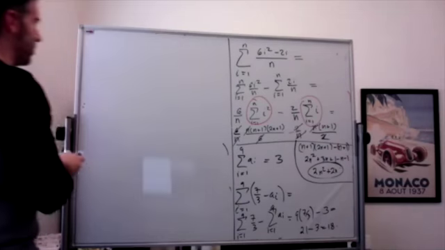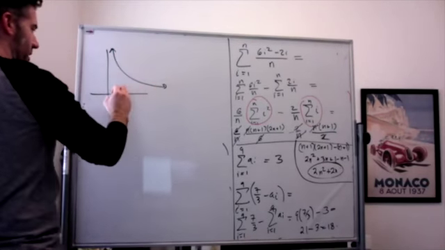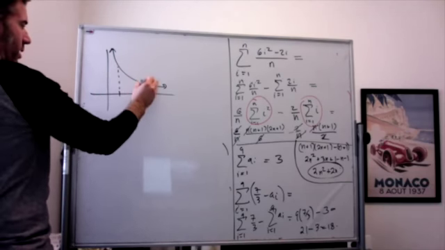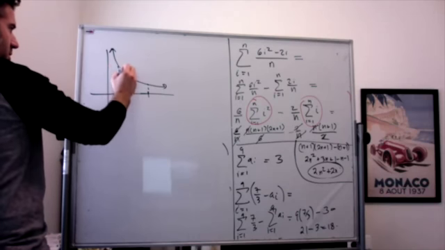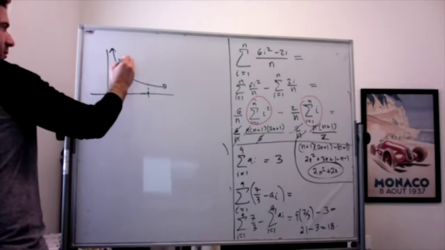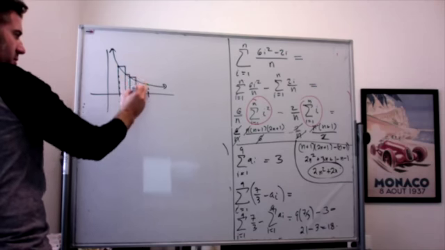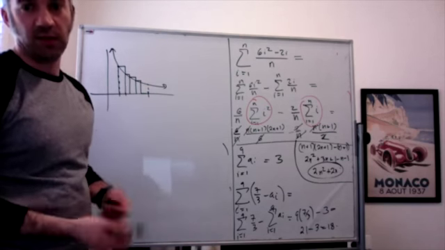In the same sort of way, if you had a function that was decreasing and you want to estimate the area using rectangles with left endpoints, this first interval, if I use the left endpoint, is an overestimate. So if you're decreasing using left endpoints, you're overestimating.